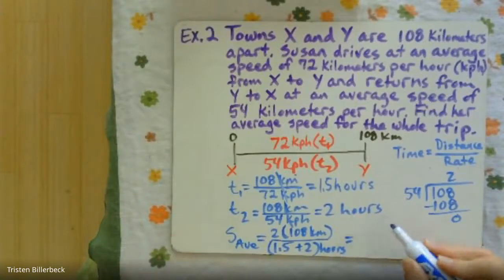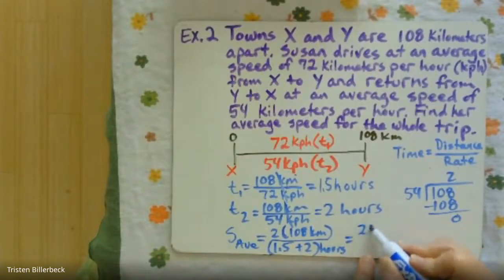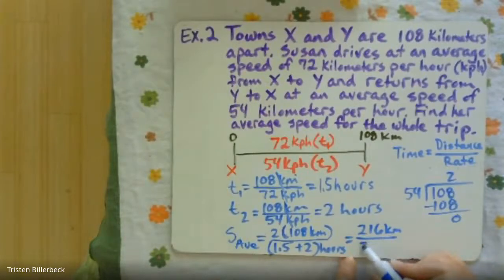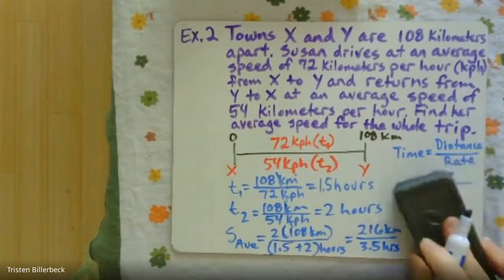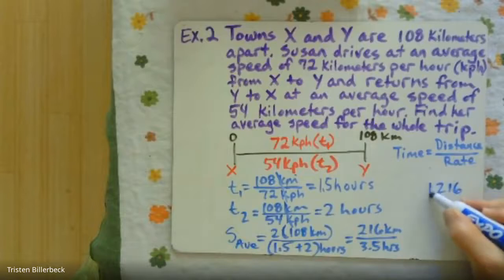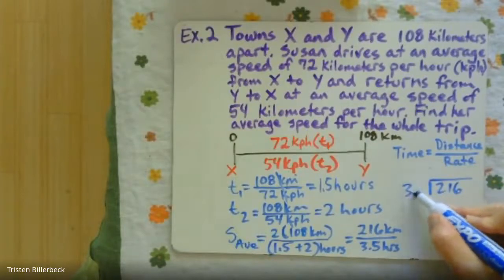So that gives us 216 kilometers and 3.5 hours. So let's find what that is. So we have 216, and we divide by 3.5.